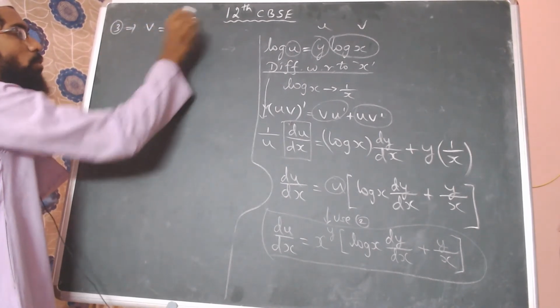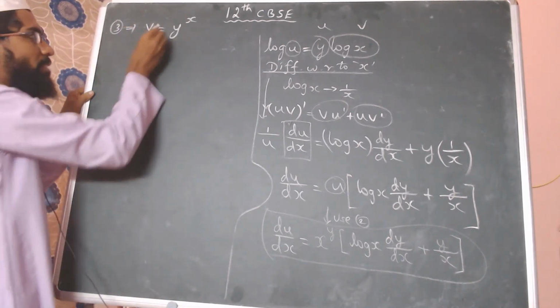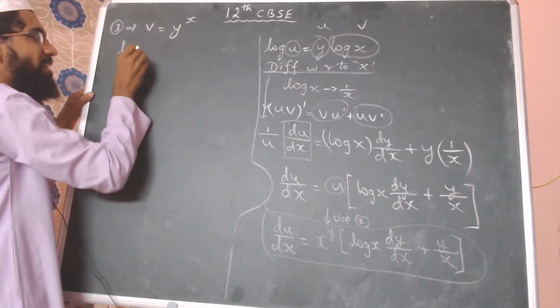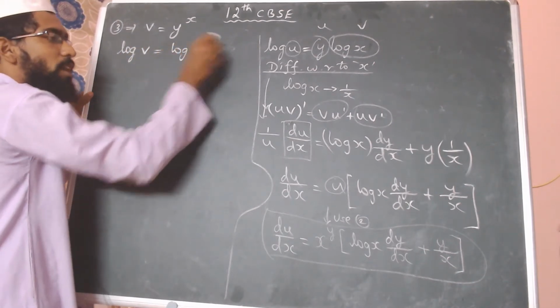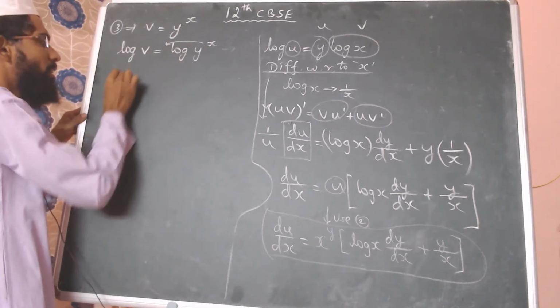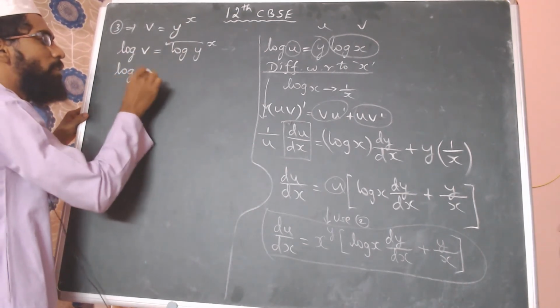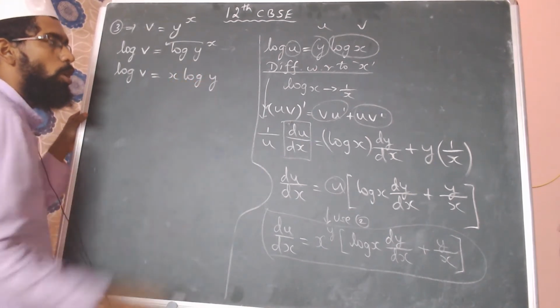Before differentiating this, take log on both sides: log v equal to log of y power x. The same procedure as for equation 2. Now I can take this x to the front and write log v equal to x into log y.